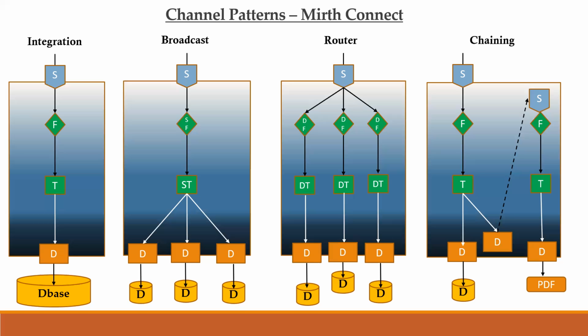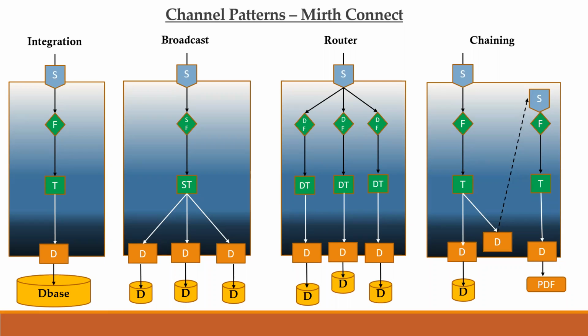The first one is the integration pattern, which is pretty basic and very straightforward. You will have one channel. The channel will receive the data on the source. The message will travel through filters and transformers of both source and destination, and then finally the message is sent to the destination connector. The destination connector may be writing the data to a database.